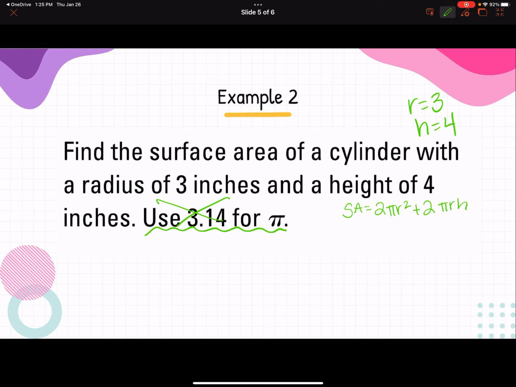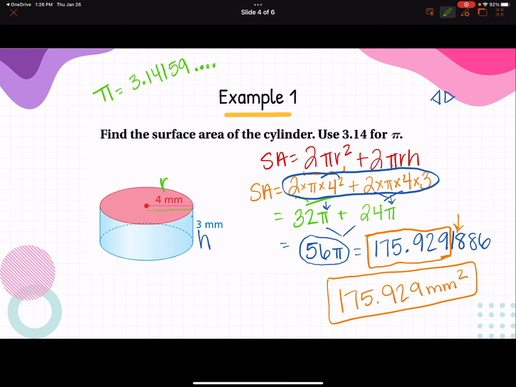So if that happens, you can go ahead and use the pi button and just pick the answer choice that's really close to your answer. Or instead of multiplying by the pi button at the end, you can just multiply by 3.14. It's very close to the same thing, but the pi button gives you more of an exact answer. It said that on example 1 as well, but I just ignored it.